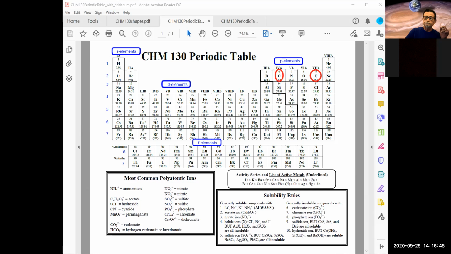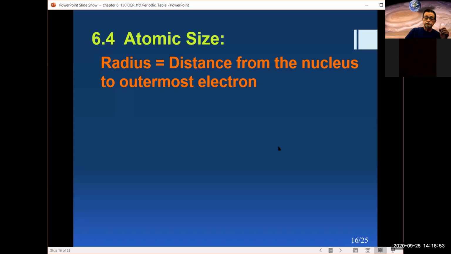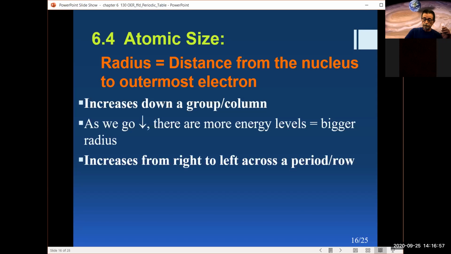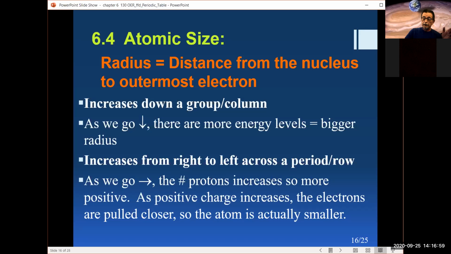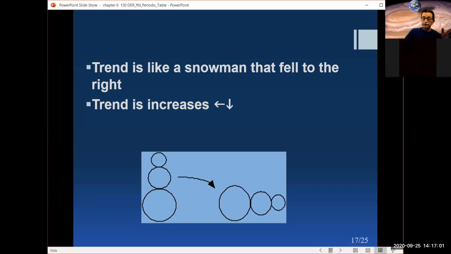Okay? So it increases down the group, but as we go from left to right, they get smaller in diameter.